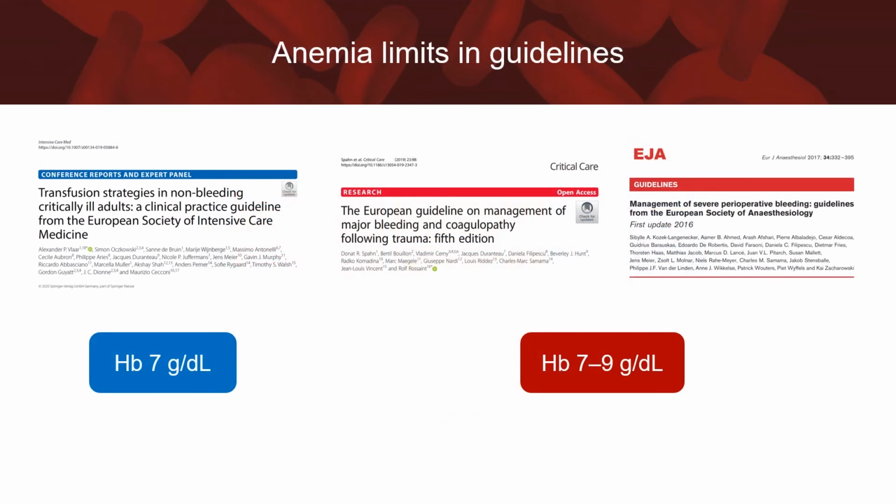The limits of acute anemia in guidelines are given at hemoglobin values between 7 and 9 grams per deciliter.